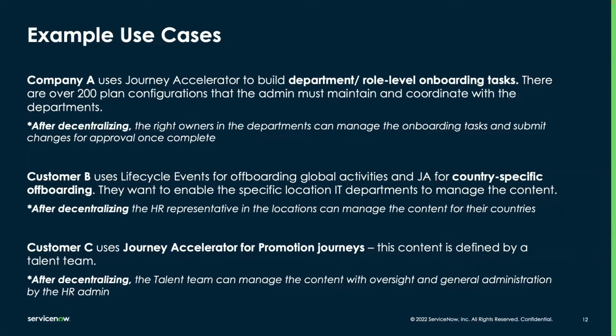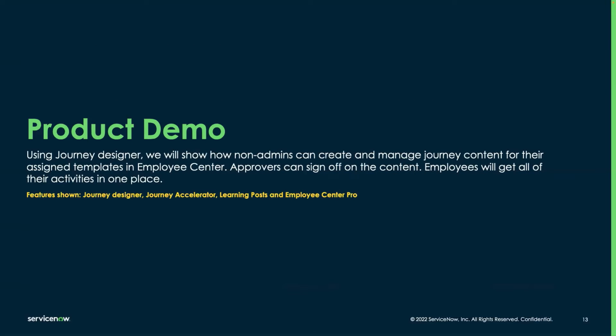The HR or journey admin must maintain and coordinate all of these different plan configurations and the content that goes in them with those different departments. However, after decentralizing, the right owners in those departments can actually manage the onboarding tasks for the departments and roles and submit changes for approval once complete. And this is the example we're going to dive into more today. So with that, I will switch into the demo.